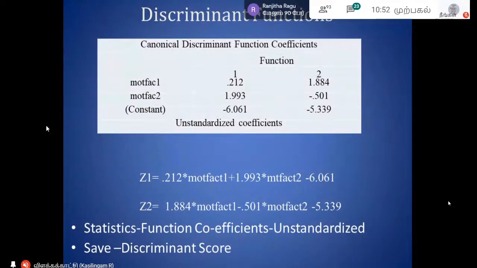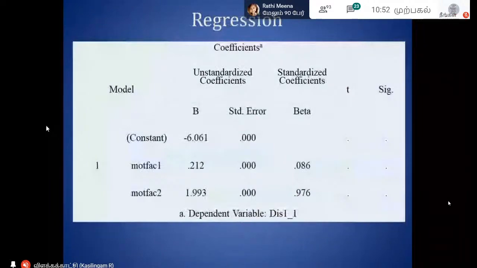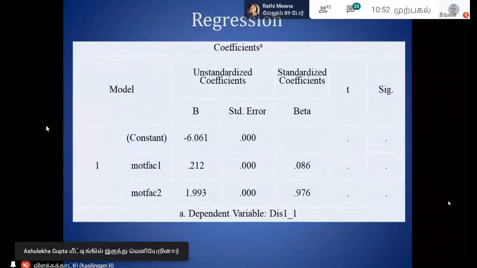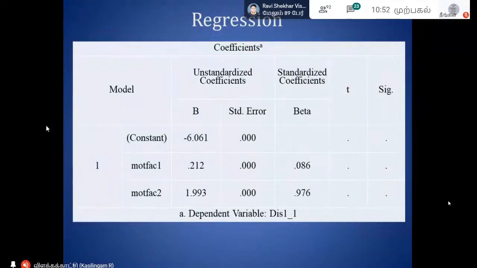Now see here, y hat is discriminant function 1, the constant is minus 6, beta 1 is 0.212 and beta 2 is 1.993. So that function is generated with the help of this equation.